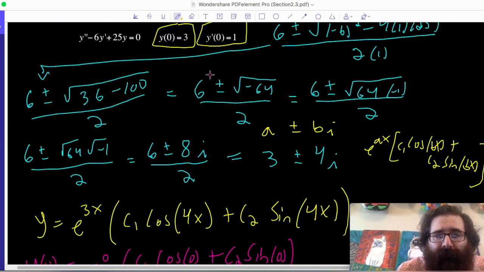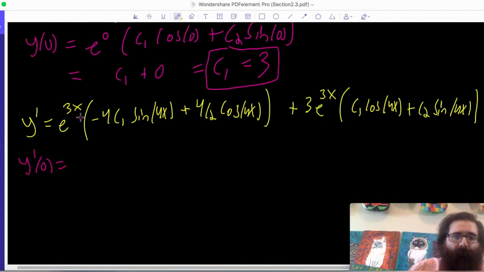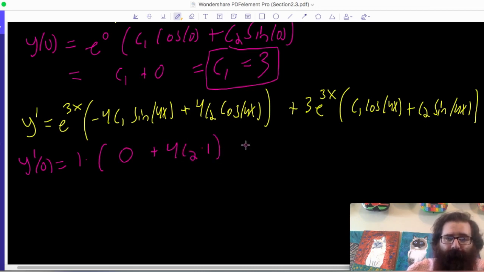The next initial value is y prime at 0 equals 1. So now that I have y prime, I can plug 0 in for x, so y prime at 0. Remember, e to the 0 is just 1. Sine at 0 is 0, so that's 0, plus 4 times c sub 2 times 1. Plus, here we have 3 times e to the 0, so that's 3 times 1.